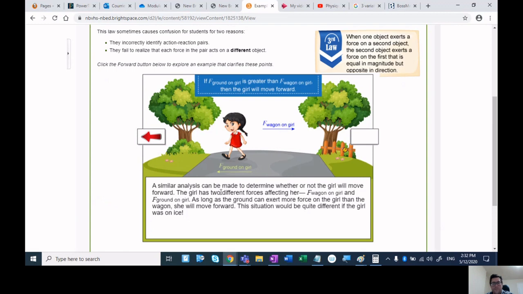Let's read. The girl has two different forces, the force pulling from the wagon back and the force from the ground. It's confusing. As long as the ground can exert more force on the girl, then the wagon will move forward.